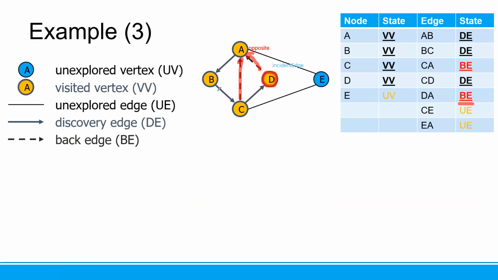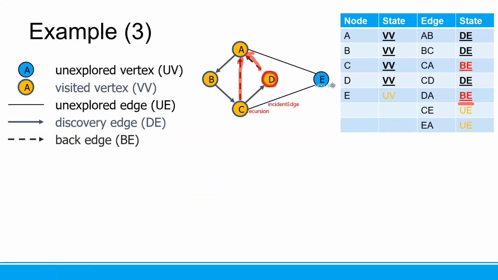We know this is a recursion. In the recursion, if we finish until the leaf, or if we finish until the end, it will return back to the previous node. This is C. So we will check, is there any other incident edge of C? Yes.